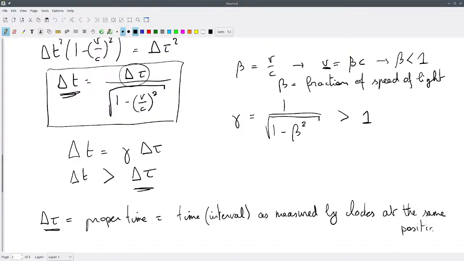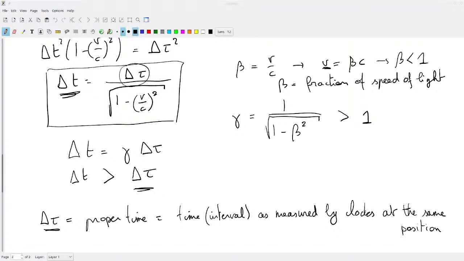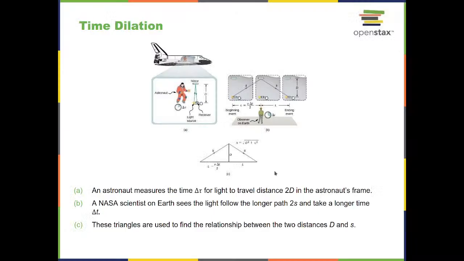in that reference frame. So if we look at that in the drawing on the slide here, the clock between when the light is emitted and when the light is received is at the same position in the reference frame of the astronaut. So that time measured by the astronaut is called the proper time. Any time measured between points at different positions will not be the proper time.